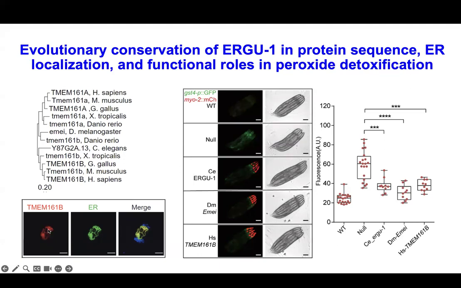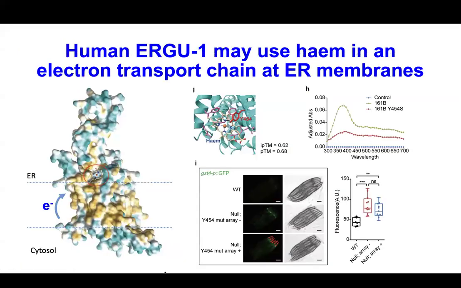And also the human homologue 161B is localized to the ER based on the colocalization with a well-established ER membrane marker.